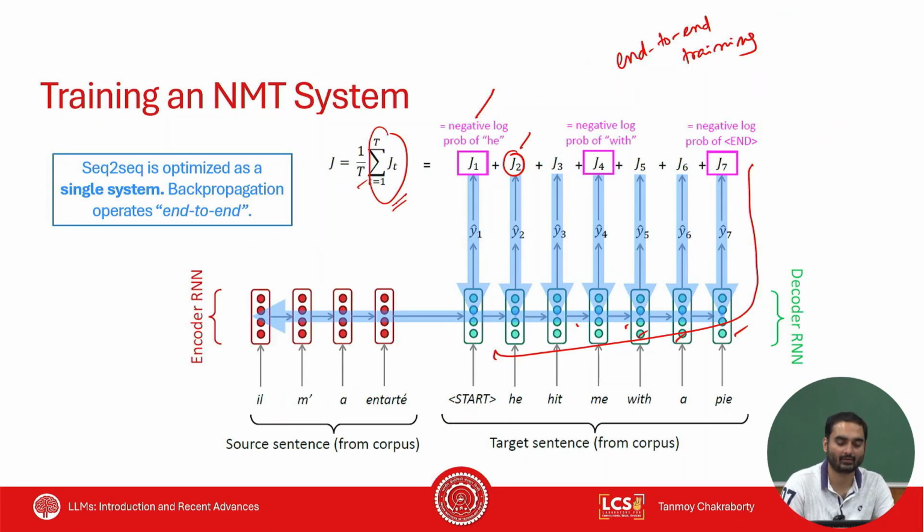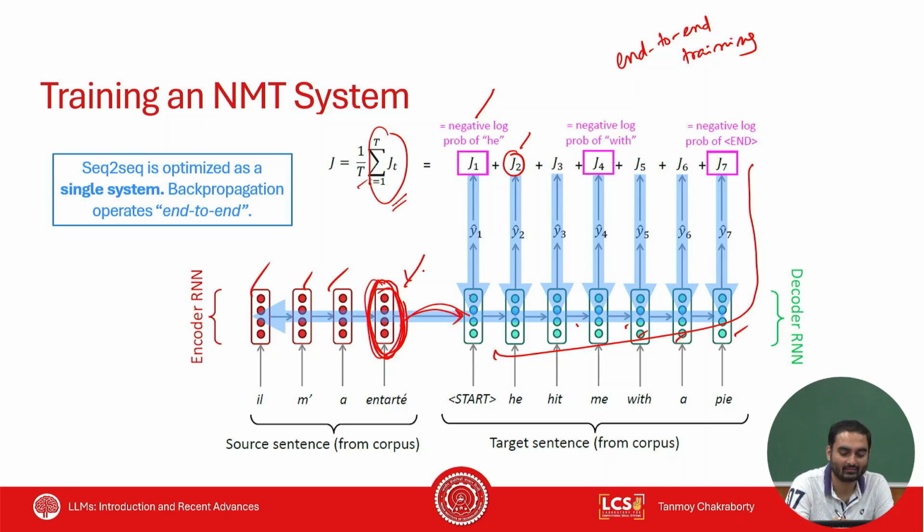look at this one, okay? So this is the final hidden state of the encoder. This input will be fed to the decoder, right? The decoder has access to only this hidden state. For the decoder, this is the input. The decoder doesn't have access to these hidden states, right?